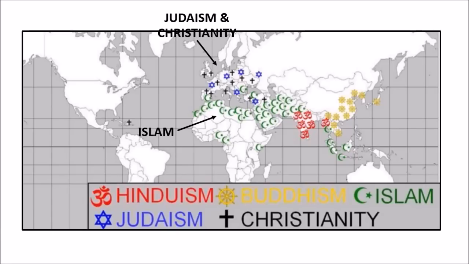Islam was located in North Africa and the Middle East. Hinduism was located in India. And Buddhism was located in China and Southeast Asia.